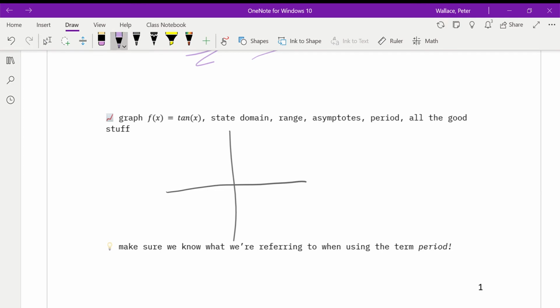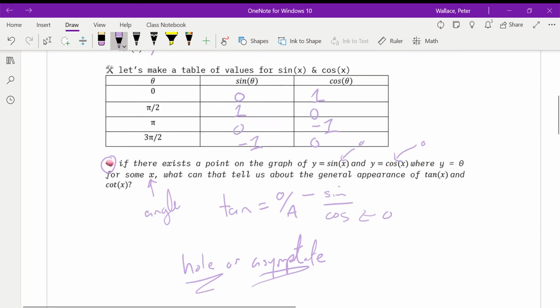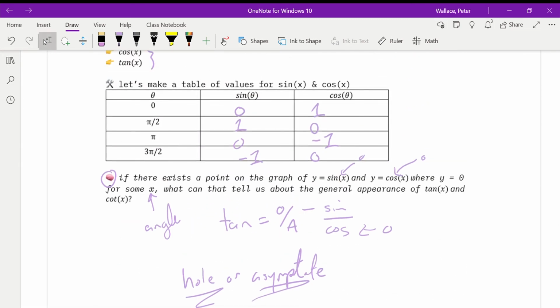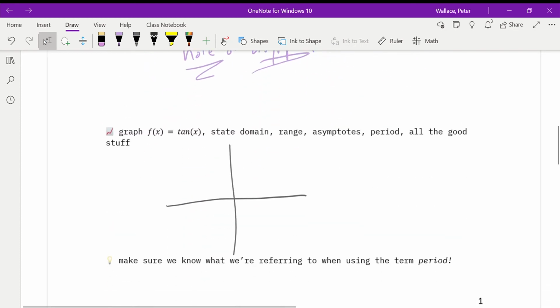So we know that we need to find a point where cosine equals 0. So cosine is 0 at pi over 2, and it's also 0 at 3 pi over 2. So another way to express 3 pi over 2 is just negative pi over 2, because you can either go pi over 2, 2 pi over 2, 3 pi over 2, or you can go negative pi over 2 in that direction.